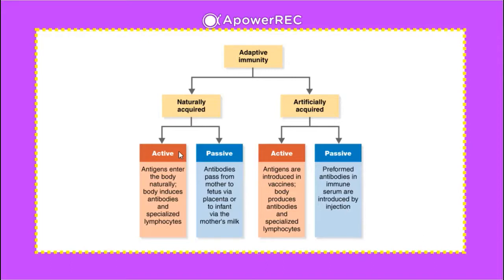We have active and passive also for vaccinations and antibody therapies. So you can be given antigens from a virus and then produce an immunogenic response and have your own antibodies and specialized lymphocytes, or you can just be given the antibodies from somebody else. And this will hopefully give you some sort of immunity to that pathogen.